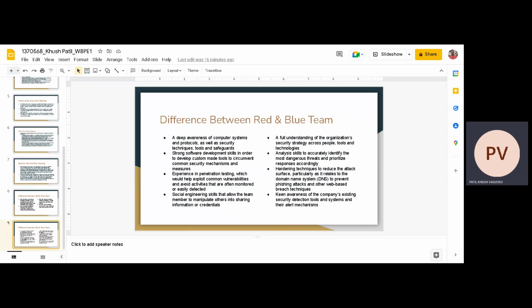Basically, they create their own tools to go undetected. Then experience in penetration testing, to ensure that common vulnerabilities or easily identifiable activities are not used.